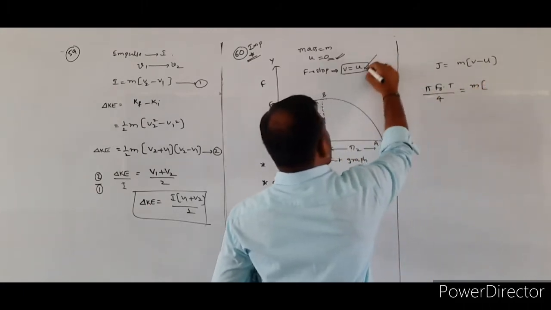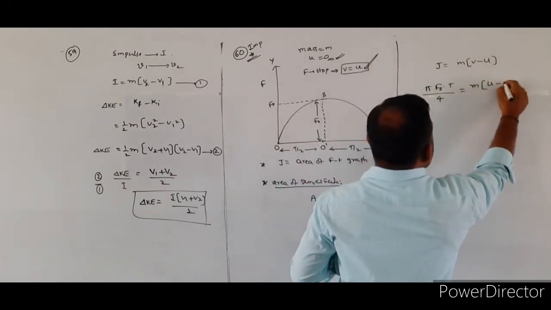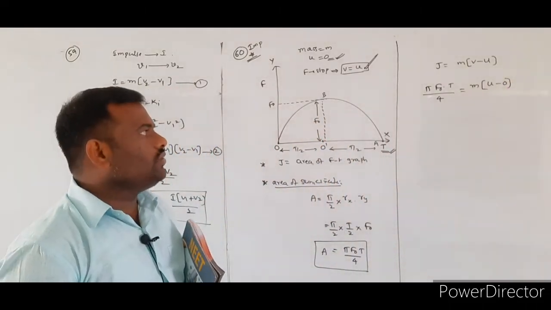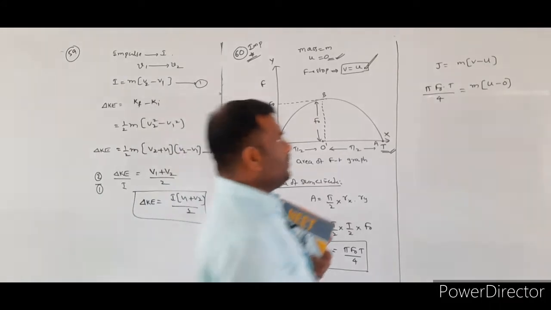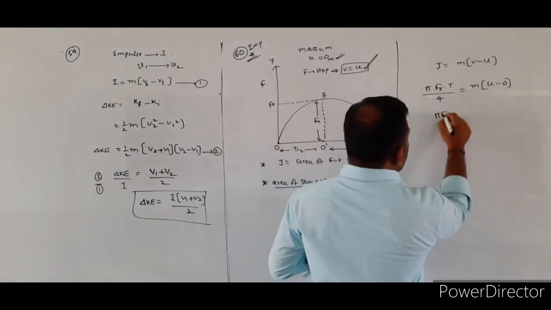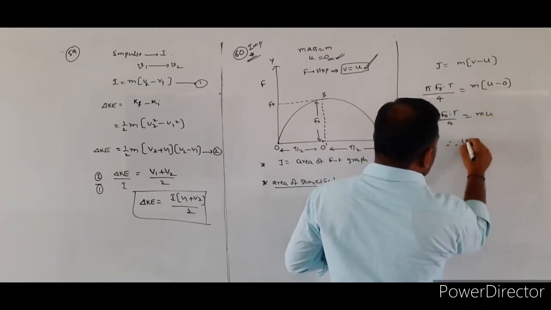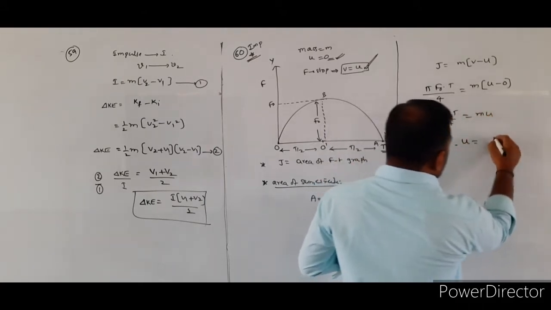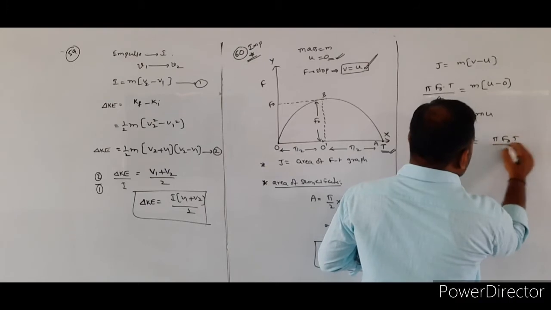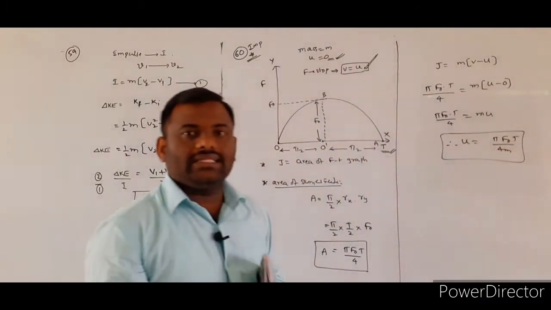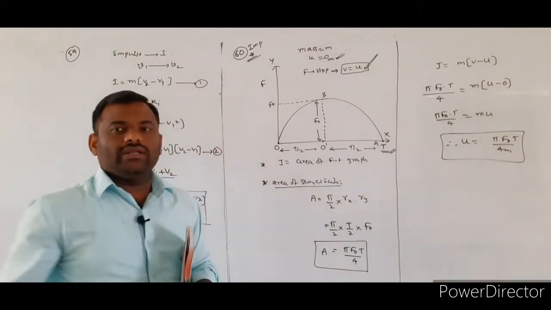Final velocity is taken as u, and initial velocity is equal to 0. Therefore pi F naught into T by 4 is equal to mu. Therefore the required answer is u equal to pi F naught into T by 4m. Hence the third option is the correct answer. Very important problem, standard problem.